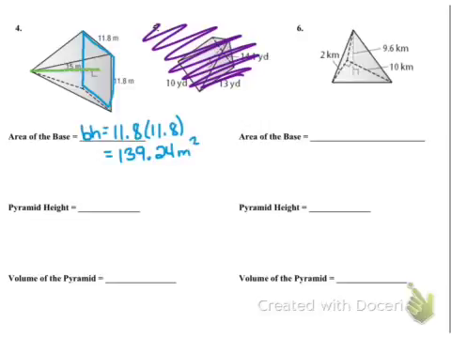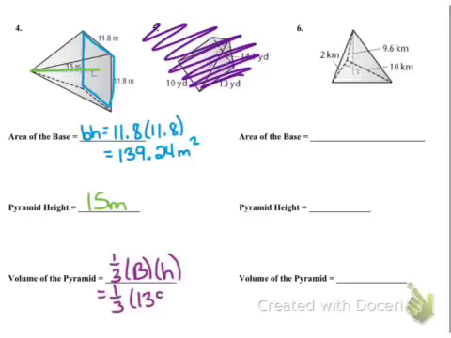Then we have a pyramid height of 15 meters. To find volume, that's equal to 1/3 times the area of the base times the height. So a third of 139.24 times 15. Once you get to this point, order doesn't matter.